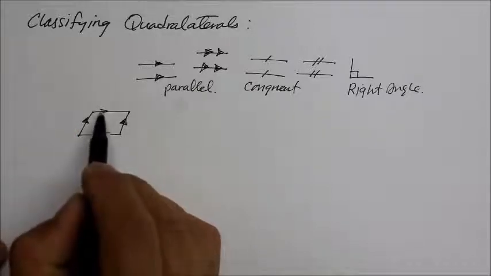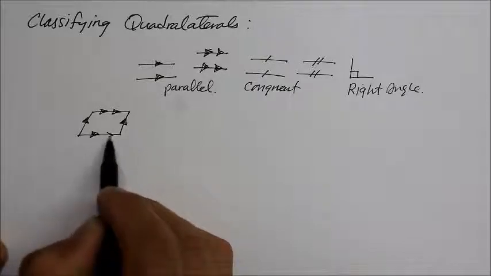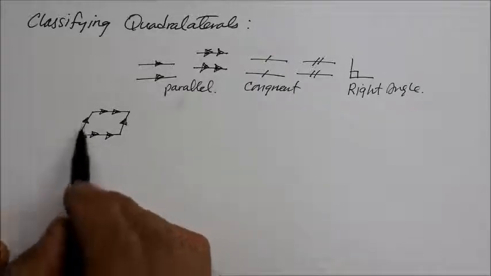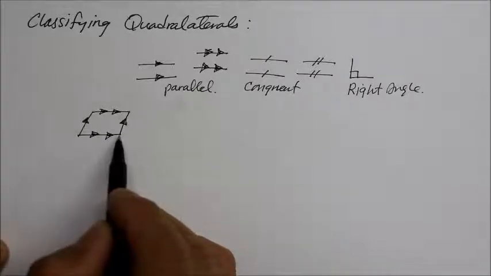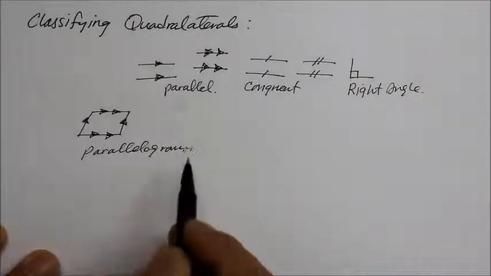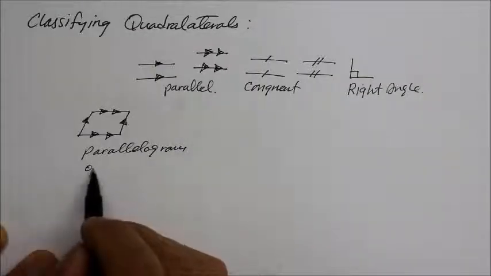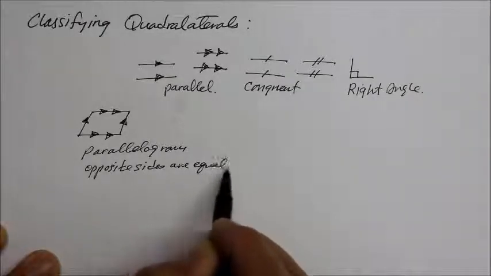And let me do another one. So this four-sided polygon has two pairs of parallel lines. And this is defined as a parallelogram because the opposite sides are equal. That's the definition of a parallelogram.